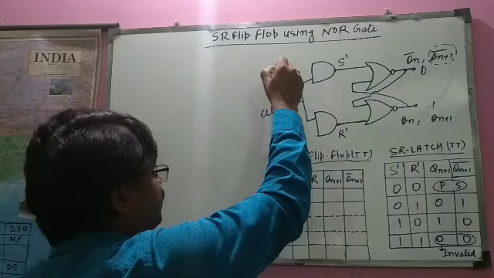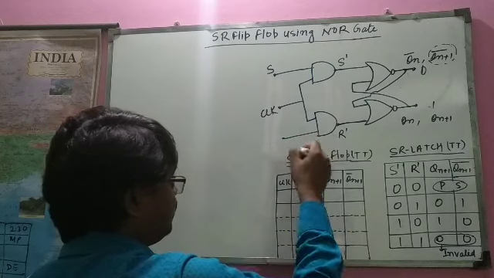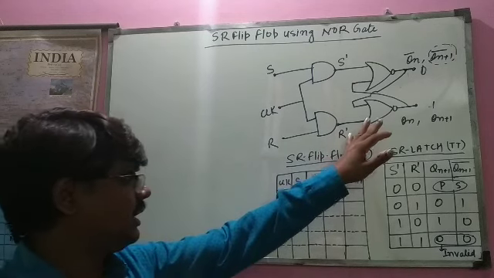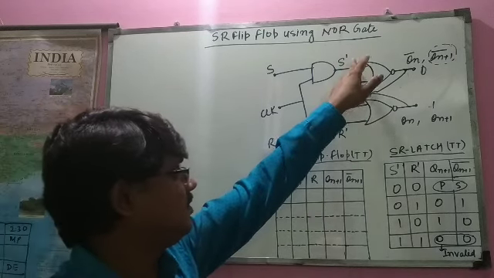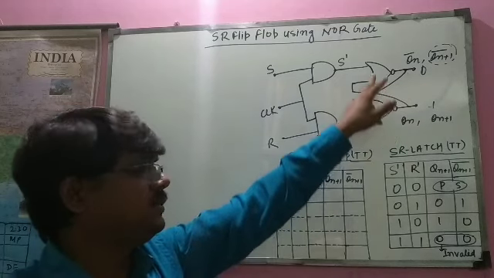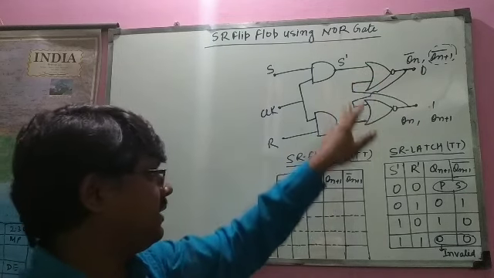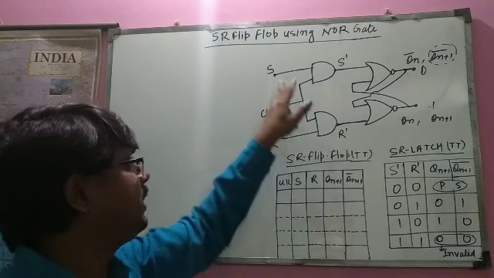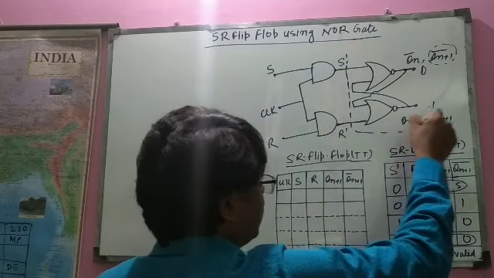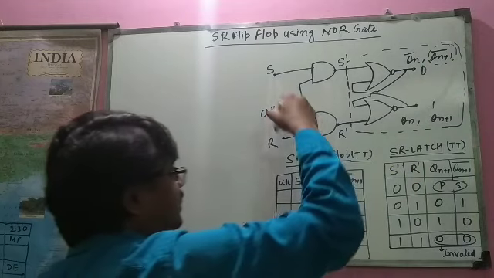The other input of the first AND gate is S, and the other input of the second AND gate is R. This is the reason I have mentioned S dash here. S dash is the input of this NOR latch. This is the SR latch using NOR gate. So S dash and R dash are the inputs of the latch. Up to here it is the latch, but the whole thing is the flip-flop now.